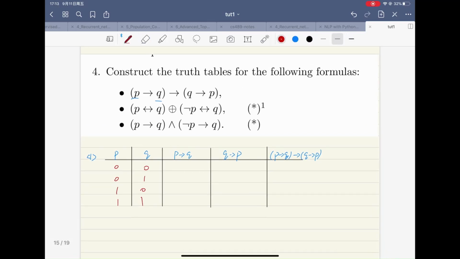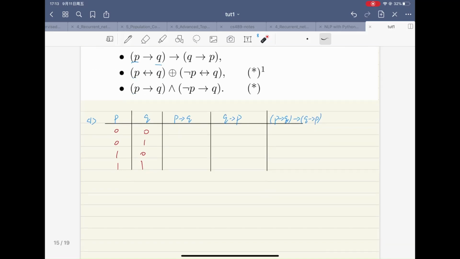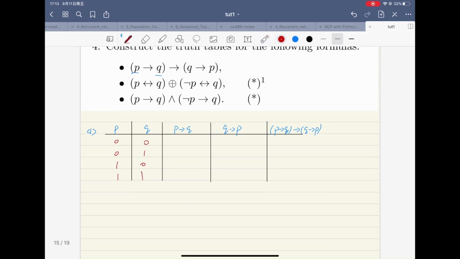When you are asked to construct the truth tables during the exam, be careful about it. Check whether it asks you to use 0, 1, or T, F, or true, false. Okay, careful of that. So if both P and Q are 0, by the truth table of implication, we know P implies Q is true, right?